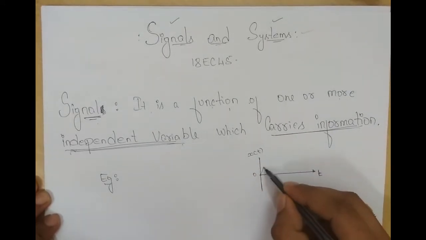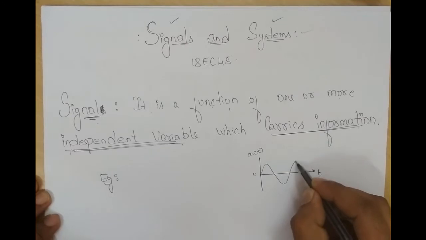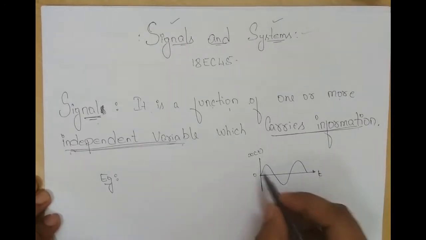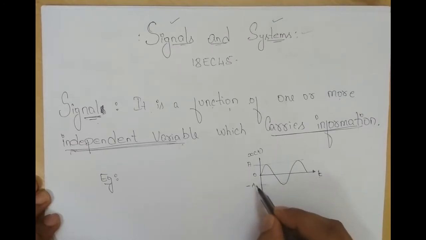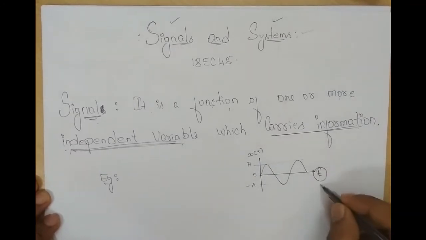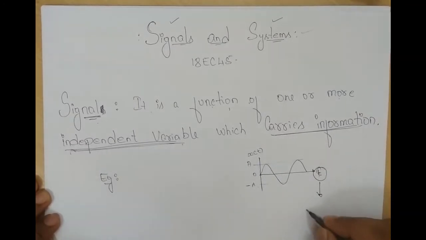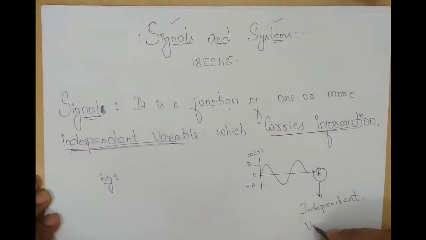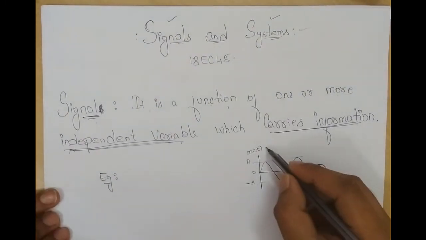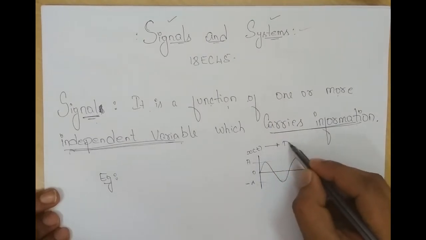It's a sine wave, and this amplitude is A, and this is minus A. So this time t is the independent variable, and x of t is the dependent variable.